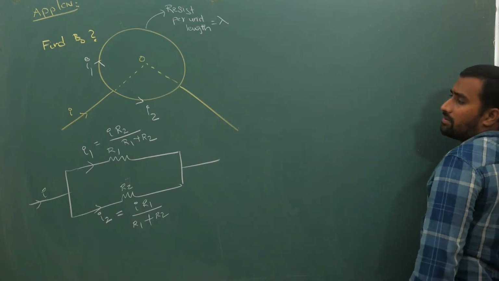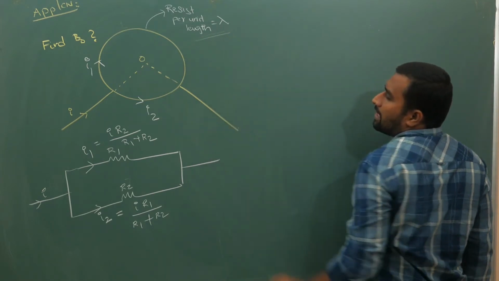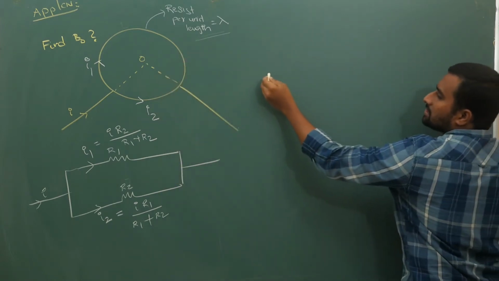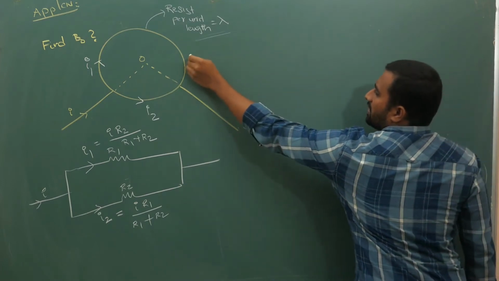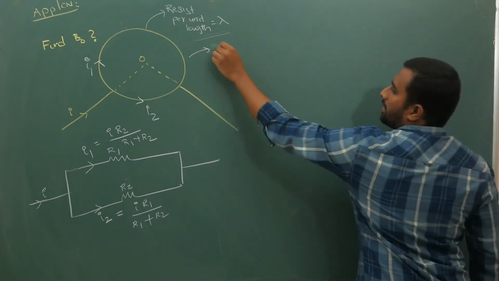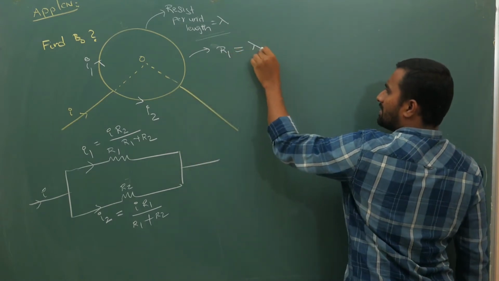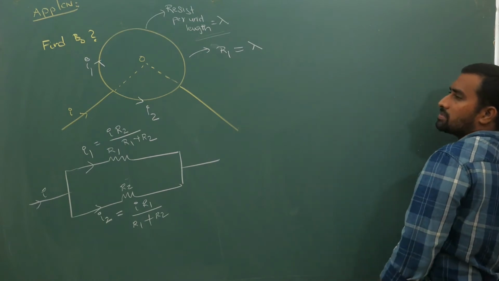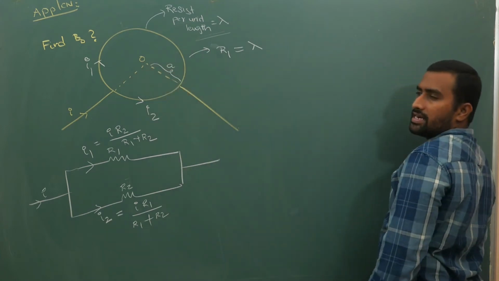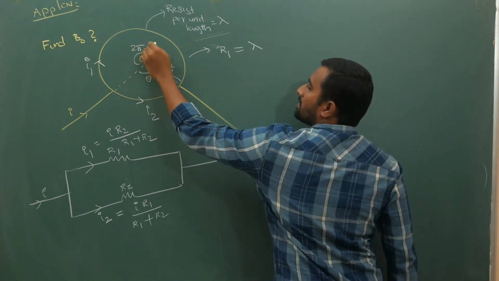First, to calculate I1 and I2, we need the resistances of the top part and the bottom part. If the resistance per unit length is lambda, and the radius is A, and this angle is theta, then the other angle is 2 pi minus theta.